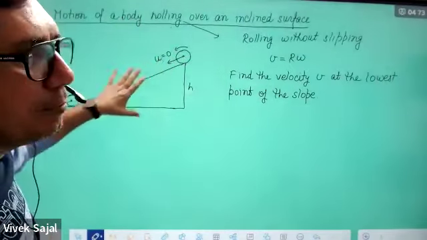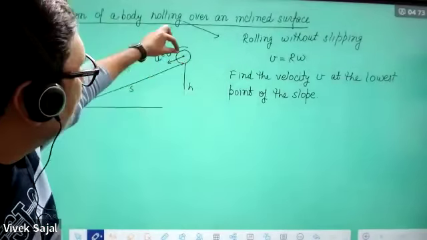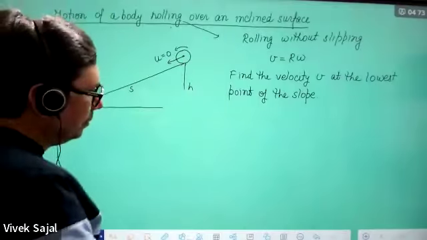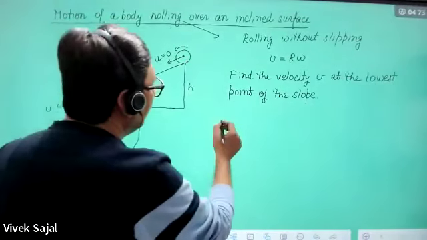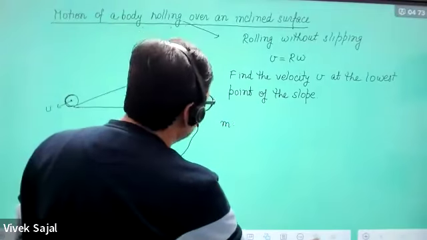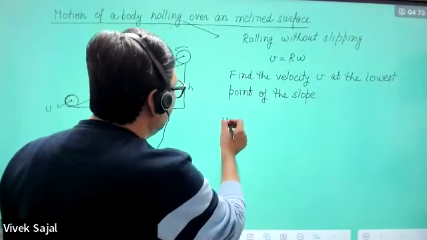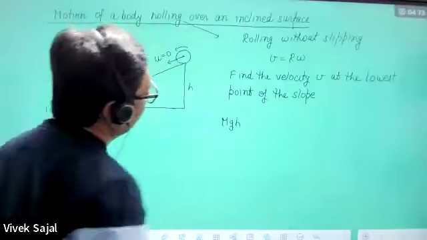So you have to apply conservation of energy. Here initial velocity is 0, but its height is h, so it has potential energy mgh.